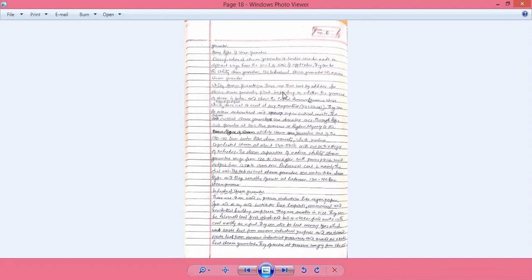Utility steam is mostly used in power plants. Well, what are utility steam power plant generators?